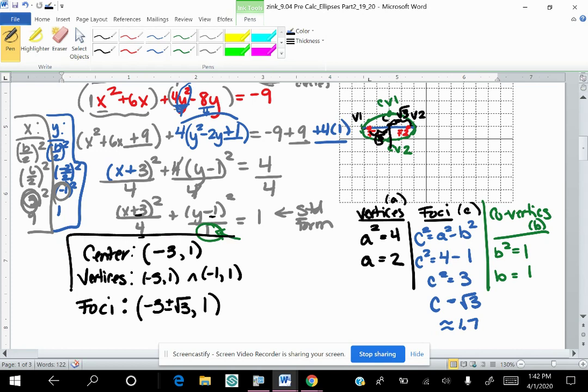And that's really the trickiest part, I think, of these, is figuring out those focus points. So you take the x-coordinate of your center and then add and subtract your C value to that. And then we have answered all of the questions on that one.